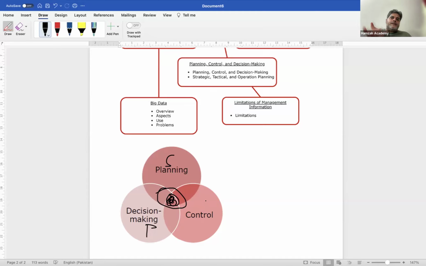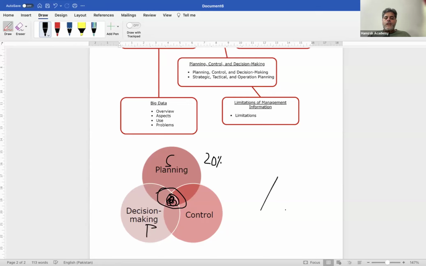Now, this is something you have decided at the strategic level, right? So you want to have a 20% share of the market. This information, or this plan, is going to be taken down to the tactical area or tactical department.